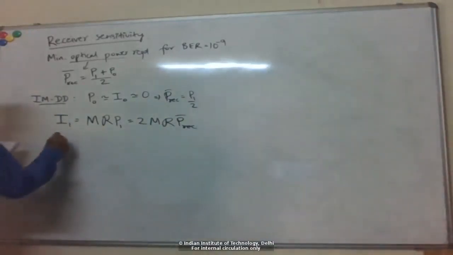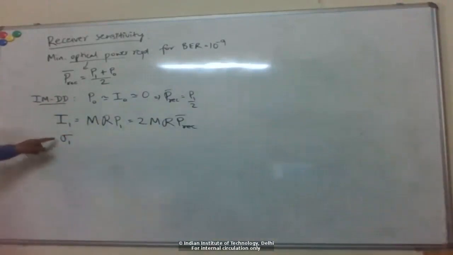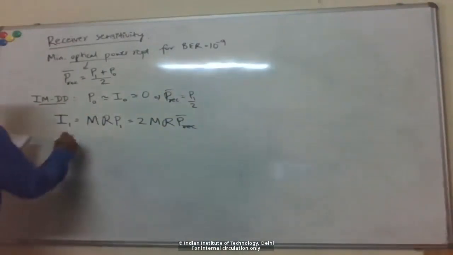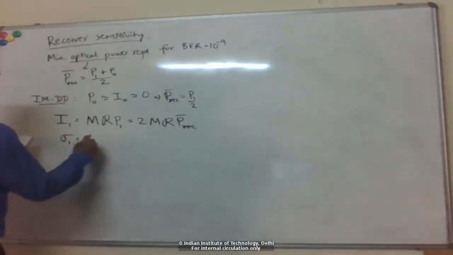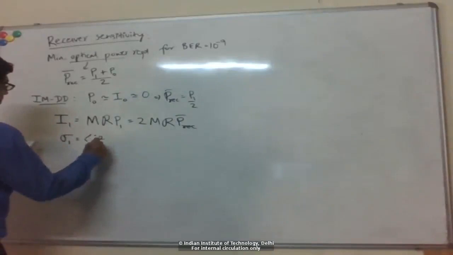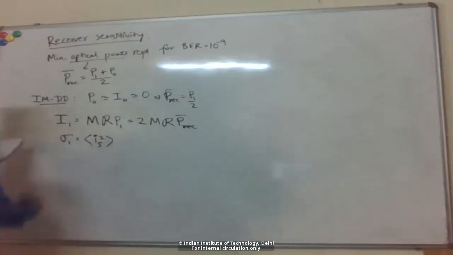Okay, if you look at the noise, so the standard deviation for bit 1, right? So that Gaussian at the upper level. So that will have contribution from the shot noise, right?